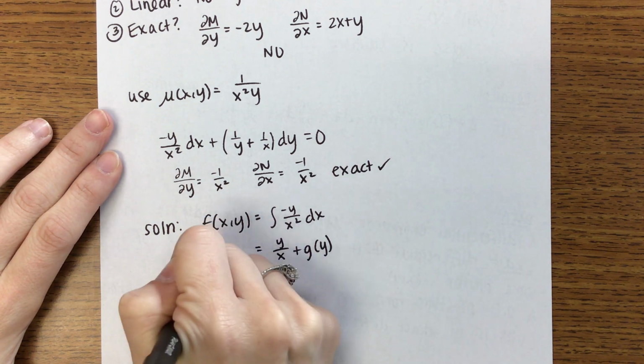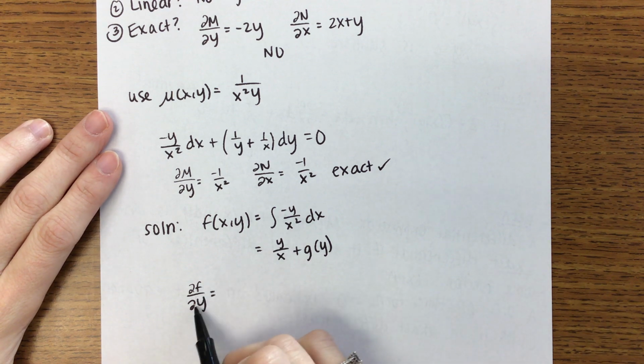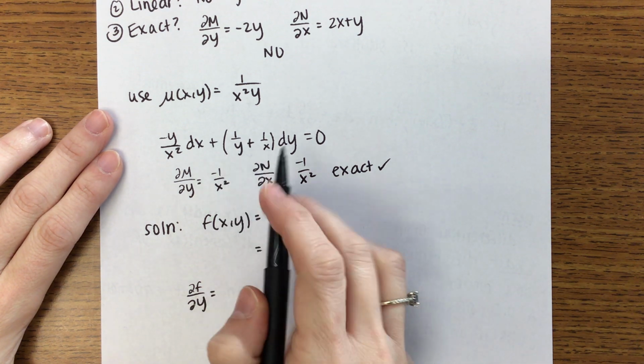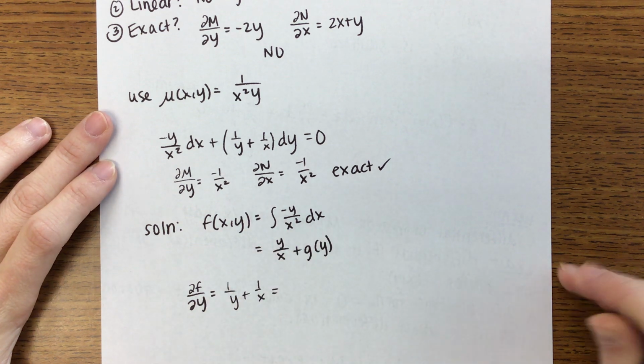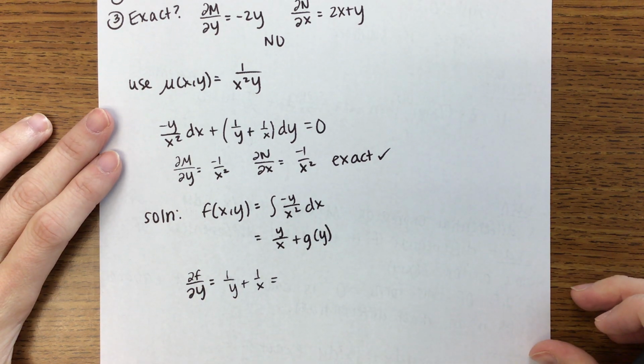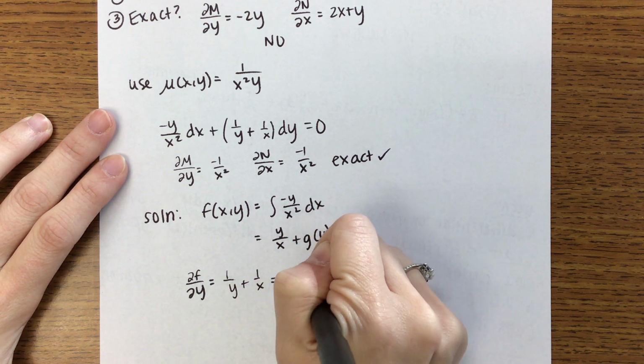Now we need to handle that g of y. We want our partial of f with respect to y to be equal to 1 over y plus 1 over x. From above, if I take the derivative with respect to y, I get 1 over x plus g prime of y.